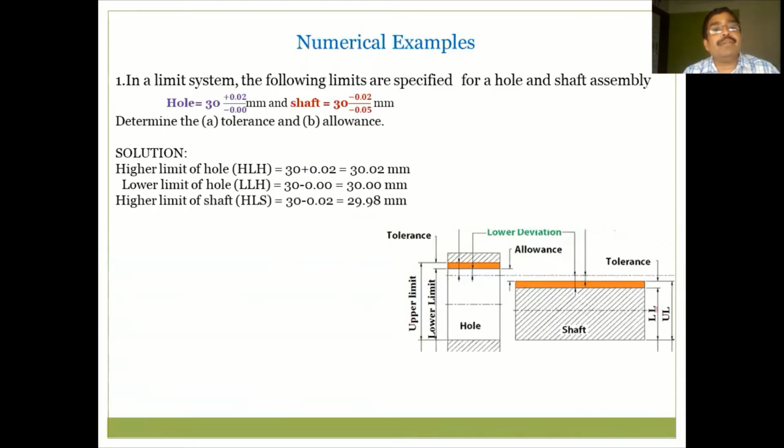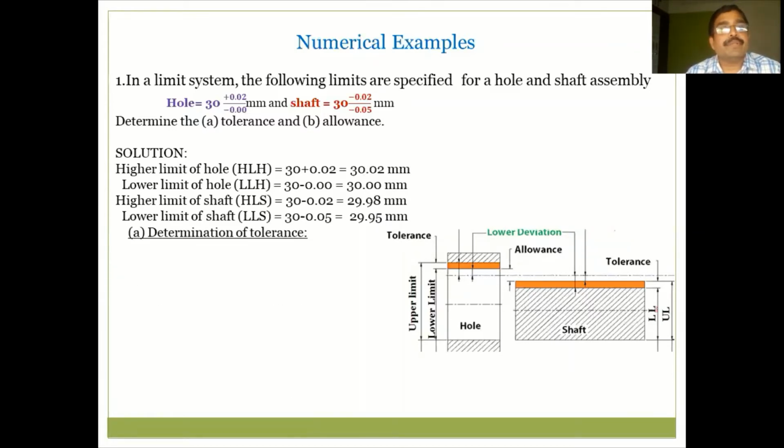In the same way, the higher limit for the shaft is 30 minus 0.02, so my answer will be 29.98 mm. Then the lower limit of the shaft, 30 minus 0.05, is equal to 29.95. So in this way, first of all, you calculate all the values for the hole as well as the shaft.